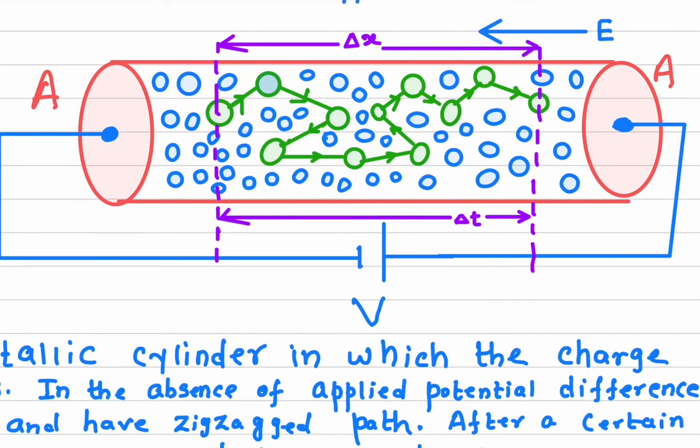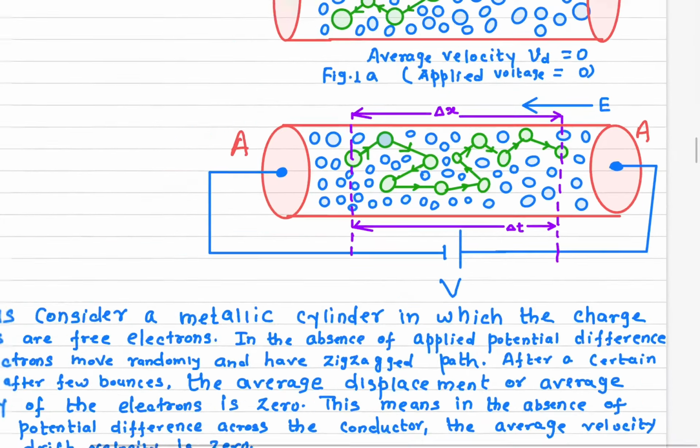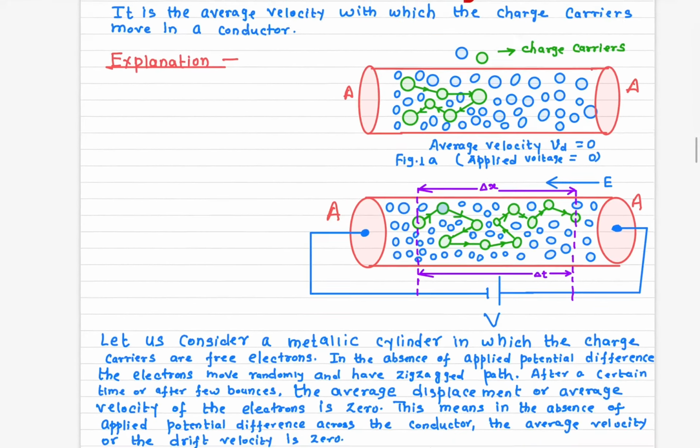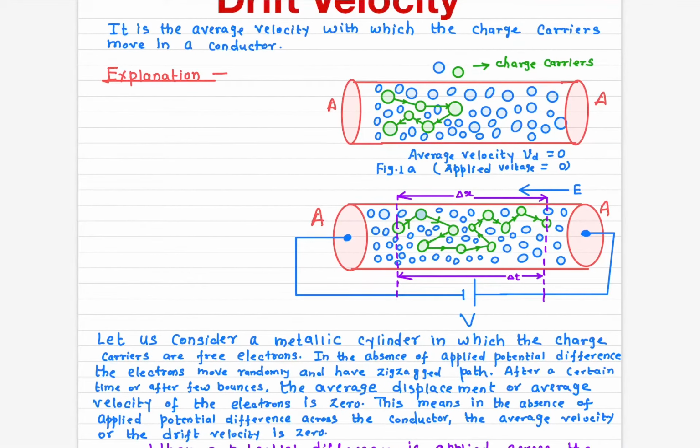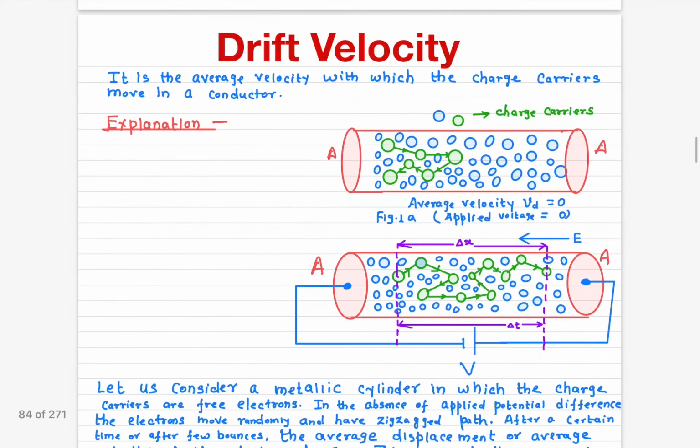So the average velocity with which the charge carriers move in a conductor is called the drift velocity. It is written here as the average velocity with which the charge carriers move in a conductor. And now you might have understood why I'm calling this the average velocity.